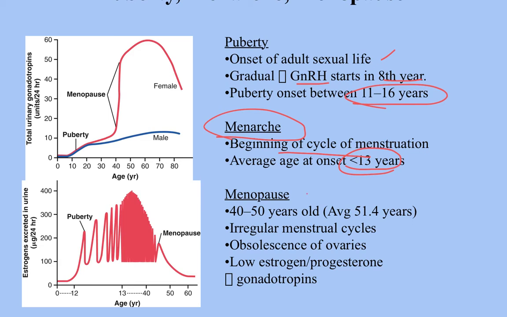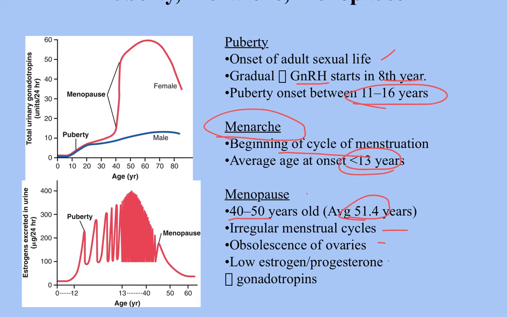And then, of course, menopause. Menopause usually happens in the 40s or 50s. Average is about 51.4 years. Obviously, there's a wide range of this. What happens is menstrual cycles start becoming irregular. The ovaries aren't working like they once did, and one of the theories is that it's from the buildup of scar tissue, those leftover follicles that didn't develop, and the involution of the corpus luteum into the corpus albicans.